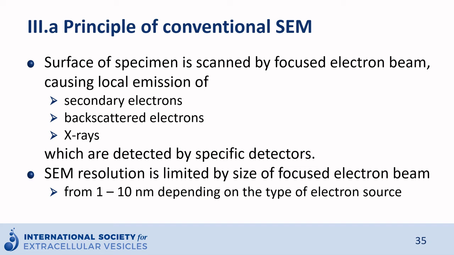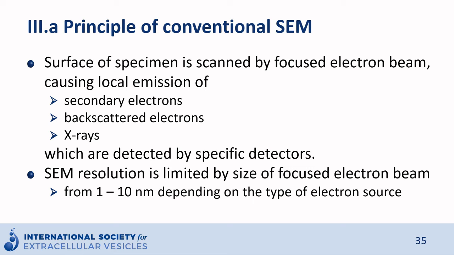Backscattered electrons originate from deeper regions, that is, a few micrometers deep. They are reflected back after elastic interactions with the atoms in the sample. They are sensitive to differences in atomic number. The higher the atomic number, the higher the signal.